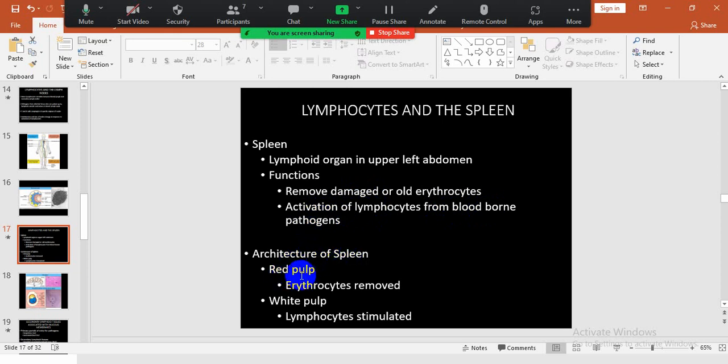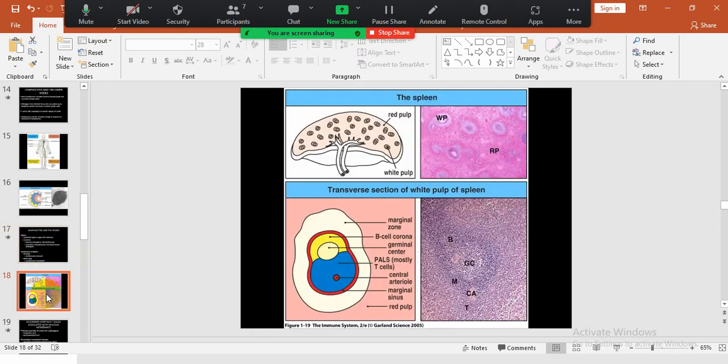The architecture of the spleen is what? It comprises the red pulp and the white pulp. So this is the spleen anatomy. This is the histology of the spleen. Histology is the study of tissues. So we can see this is the red pulp. That is where the red blood cells reside.